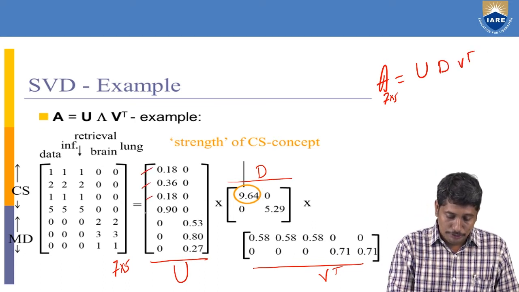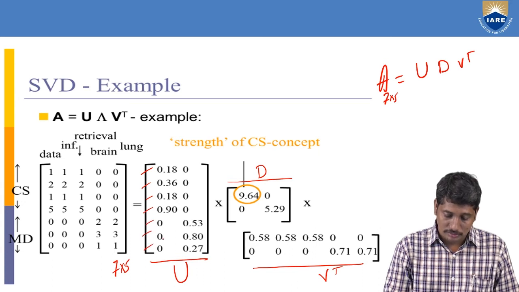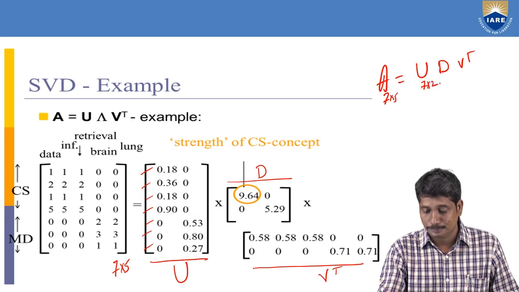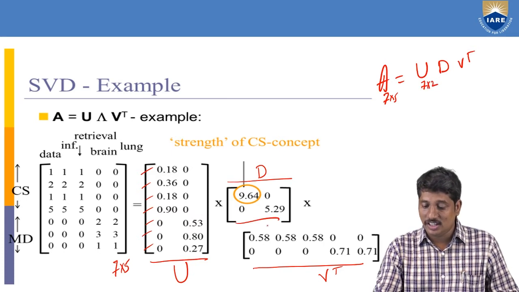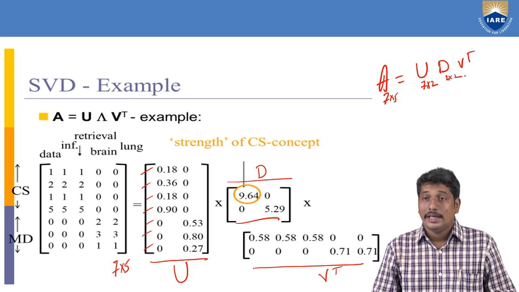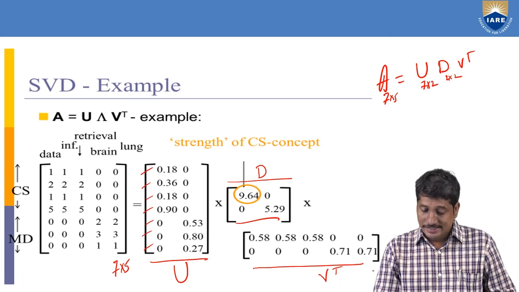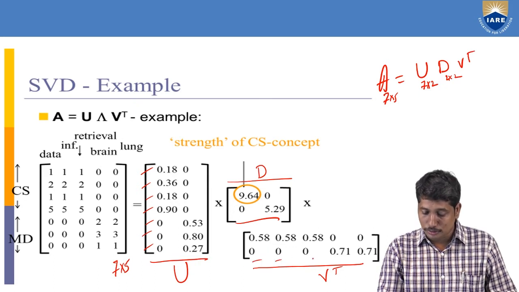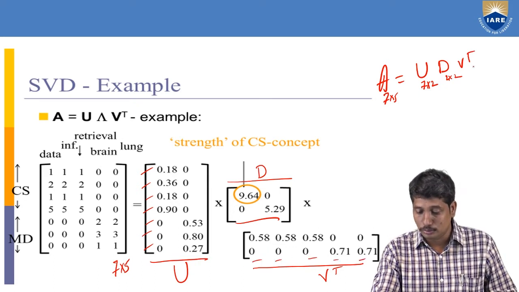Count 1, 2, 3, 4, 5, 6, 7, and 2 columns. So 7 by 2. D is a diagonal matrix of size 2 by 2. And V transpose is a matrix of 2 rows and 1, 2, 3, 4, 5 columns. So 2 by 5.